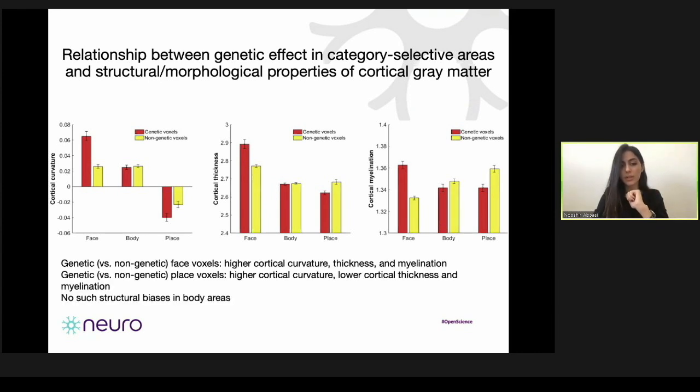Interestingly, we found that genetic face voxels had higher cortical curvature, thickness, and myelination compared to non-genetic face voxels. In contrast, genetic place voxels had higher cortical curvature but lower cortical thickness and myelination compared to non-genetic place voxels.